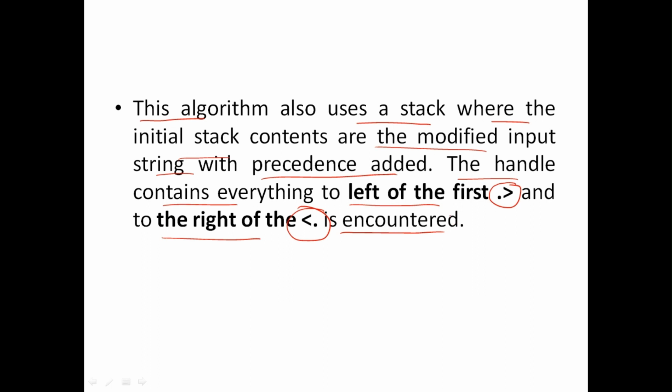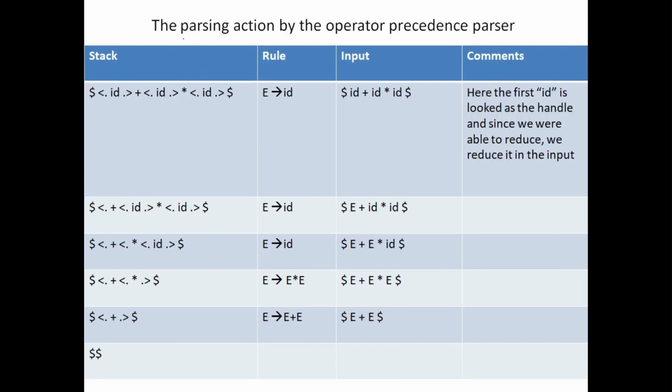Okay, so let us understand this action by the operator precedence parser. The stack contains this. The input is prefixed and suffixed with dollar. Now we have inserted the precedence relation between the terminals of the string, that is dollar less than id, id greater than plus, plus less than id, id greater than asterisk, asterisk less than id, id greater than dollar.